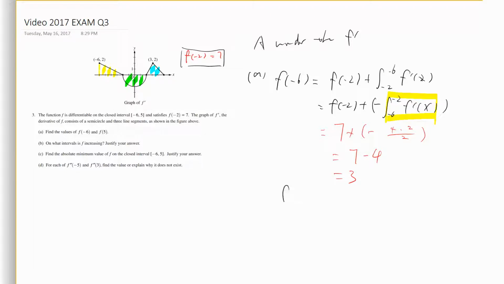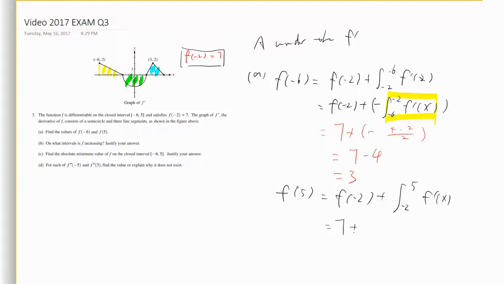Similarly, f of 5 is f of -2 plus the integral from -2 to 5 of f prime of x. However, this time we're not only dealing with one triangle. f of -2 is 7.